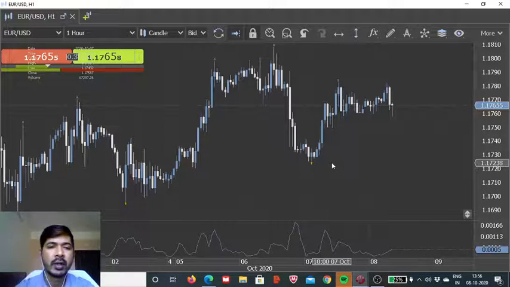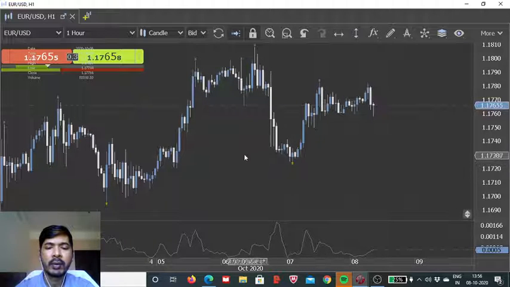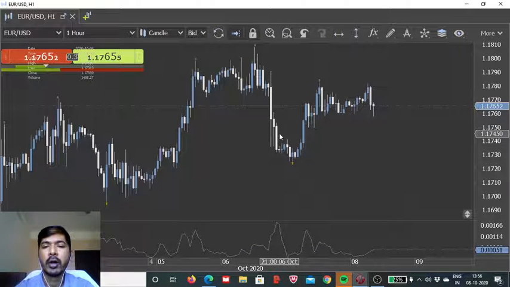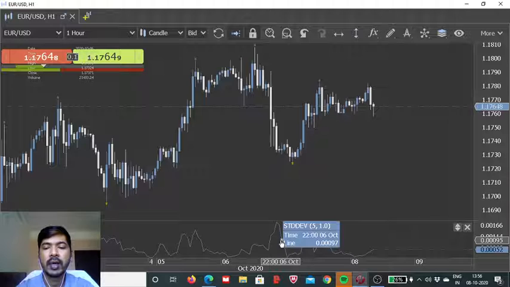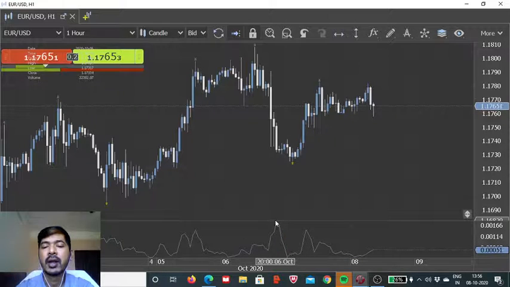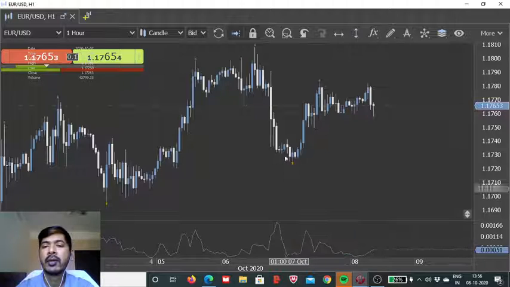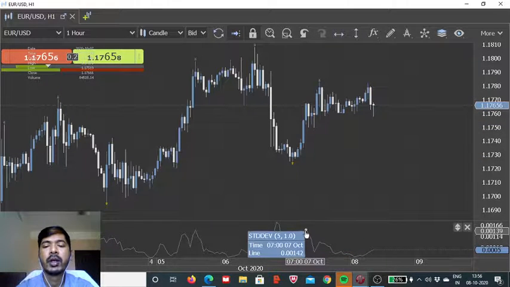After the top has been reached, after the move has happened either on the upside or on the downside, again when the consolidation begins and the trading range narrows, we see the standard deviation values go down, and then we again see them shooting up when the price action returns, when the momentum returns.